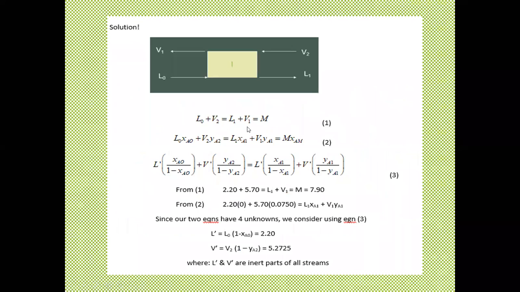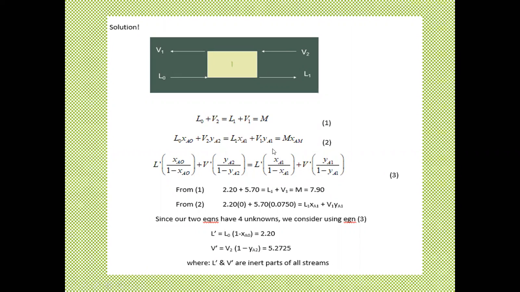So you write down the overall material balance, given this schematic diagram for the process. We also write down the component balance based on A. Here, our A is SO2 because it's the component from the gas mixture that we want to scrub off. I have written here the component balance. This is also a component balance equation.